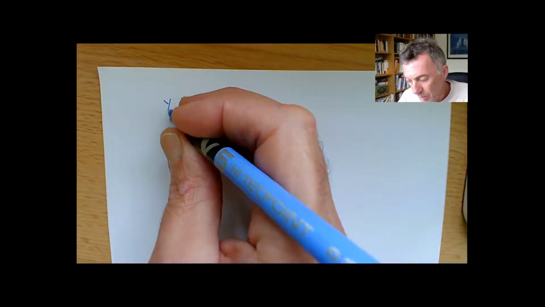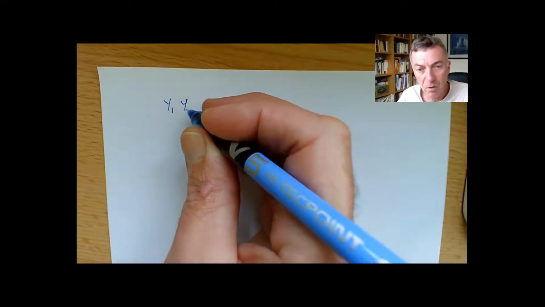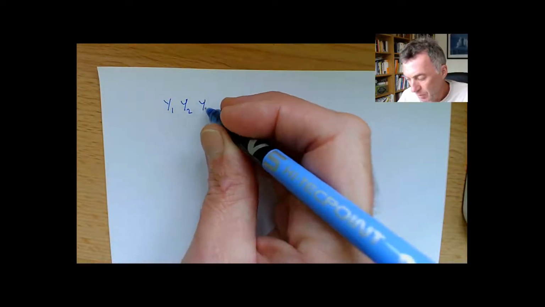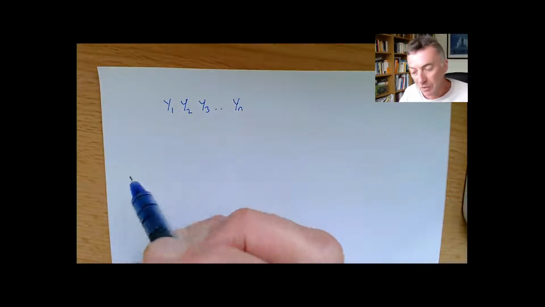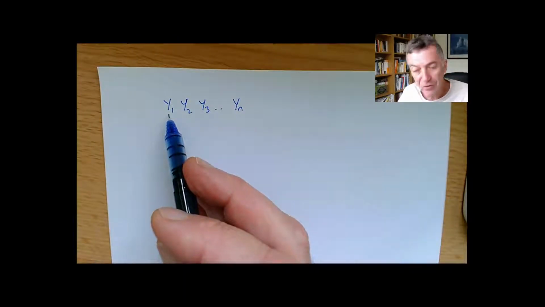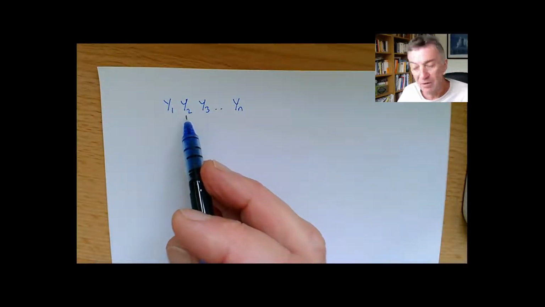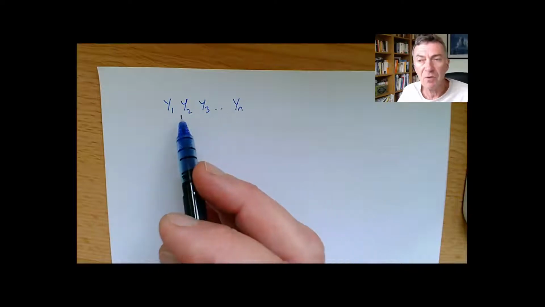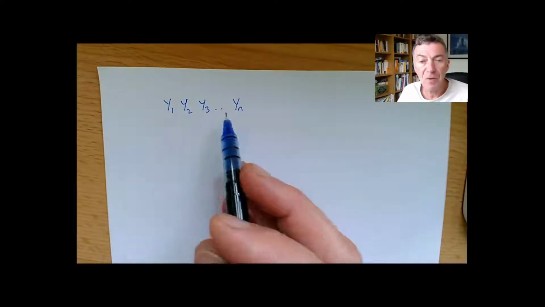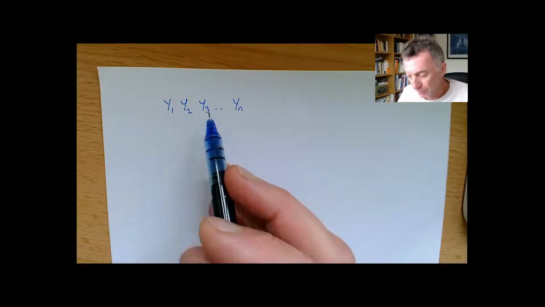So let's call them y1, y2, y3 up to yn. And so this could be a random variable for the first student in the class for their height, a random variable for the height of the second student, a random variable for the height of the third student, so on, up to n. So we've got an n-dimensional distribution, n variables involved.